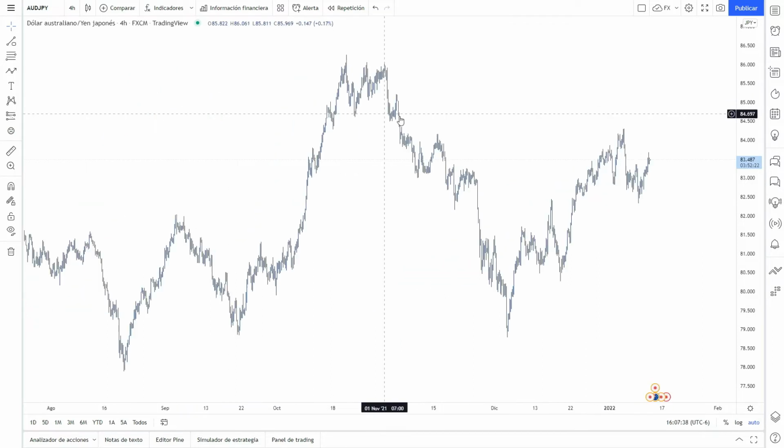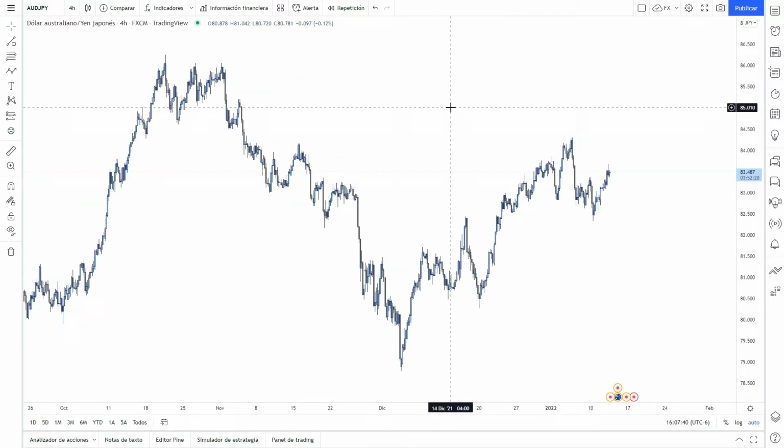What do I understand by liquidity? To me, liquidity means stop losses. The stop loss cluster, let's say. That's liquidity to me, and the price will move from point A to point B, seeking liquidity.